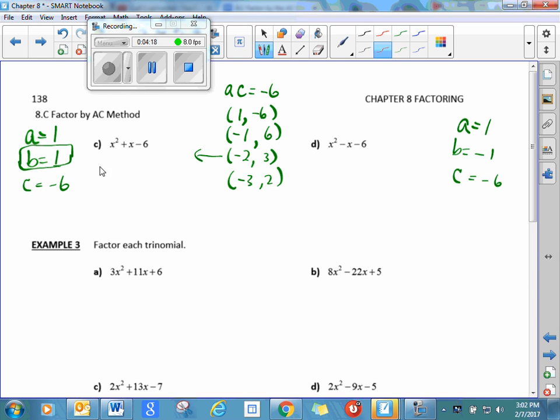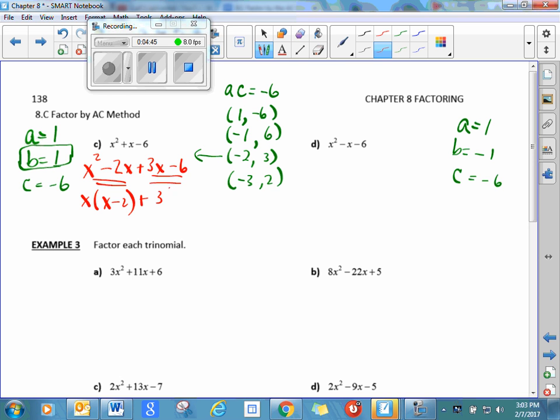So again, I'm going to split the middle term, and instead of a +1x, I'm going to write -2x plus 3x. Because when you combine those, you get a +1x and -6 on the back end. Group the first two, group the back two, and take out the common factor of x, and you get x minus 2.